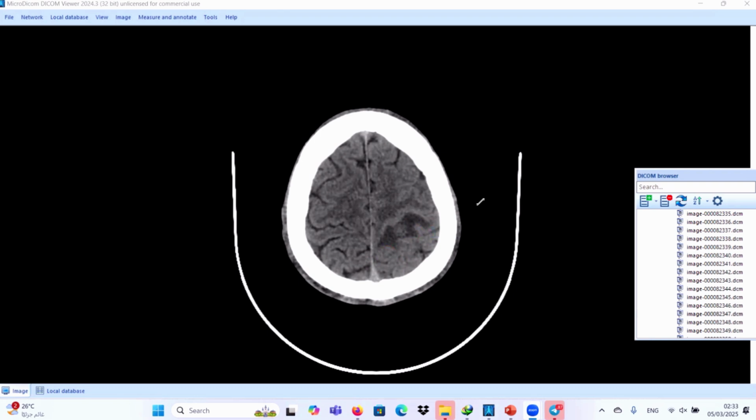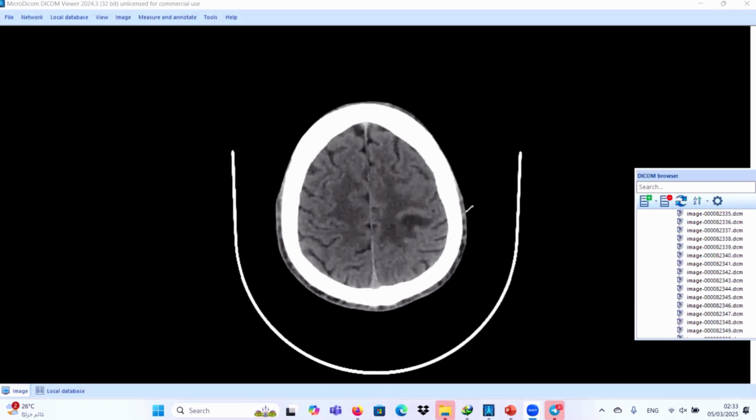So the gray matter is spared. So the hypodense edema pattern involves the white matter only, while the gray matter is still preserving its normal density. Also, we have here the hypodense edema is characterized by ill-defined outline.